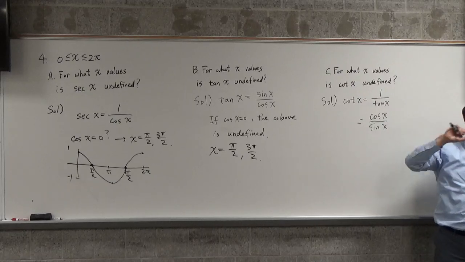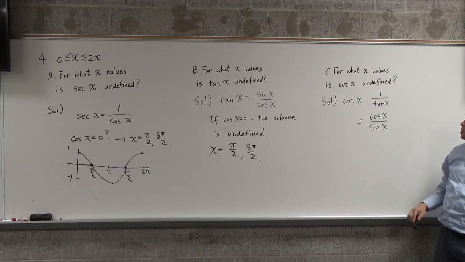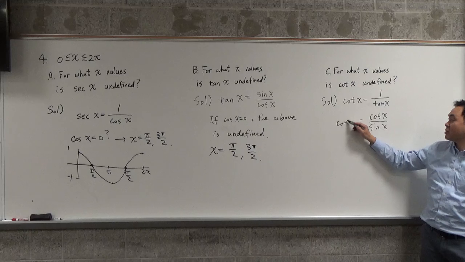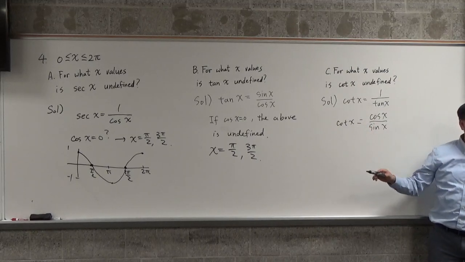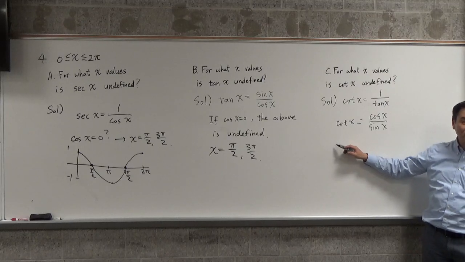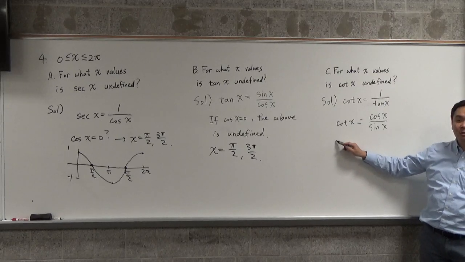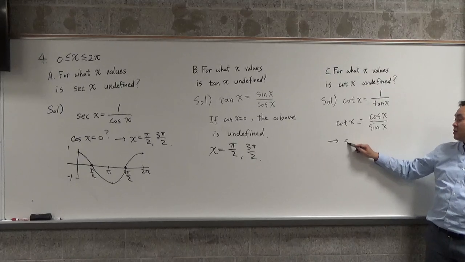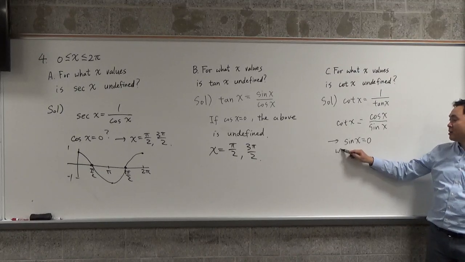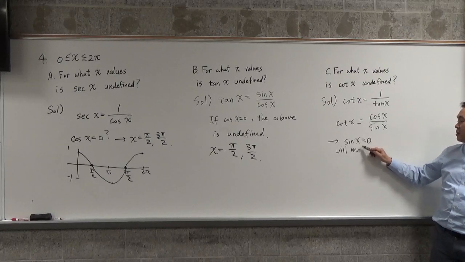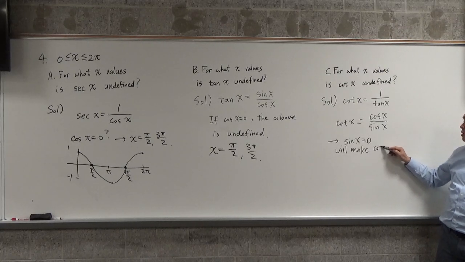If you take 1 over something, you flip top and bottom, right? So that's your cotangent of x. Which means this will be undefined when the denominator is 0, when sine of x is equal to 0, right? That will make cotangent undefined, right?